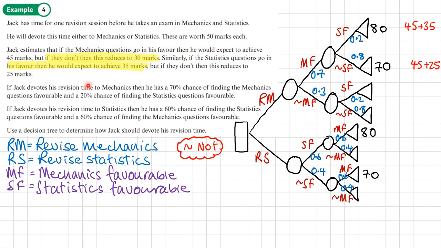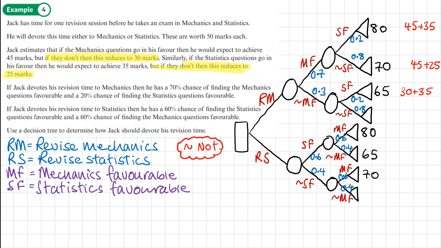Next we're looking at not favourable in mechanics, but favourable in stats. So that's going to be 30 plus 35, so I'll write that down, 30 plus 35. So that's going to be 65. Not favourable in mechanics, favourable in stats. Where else is that? That's here. So this is also going to be 65 here.